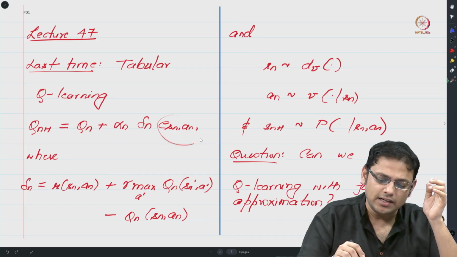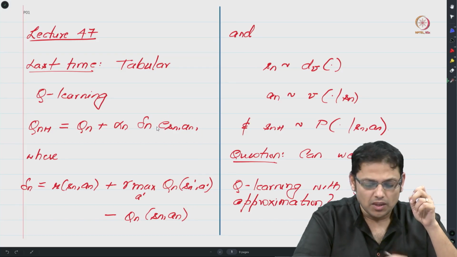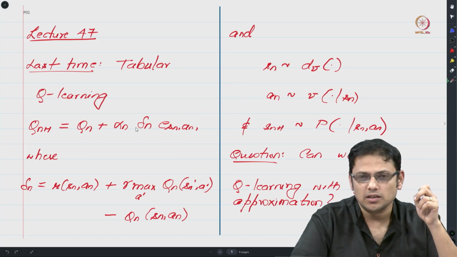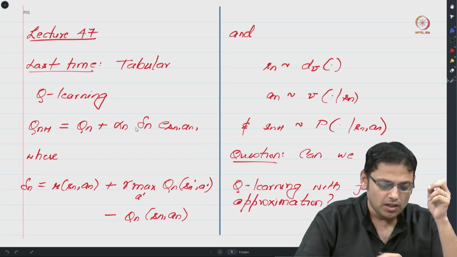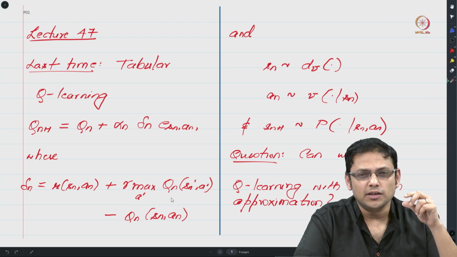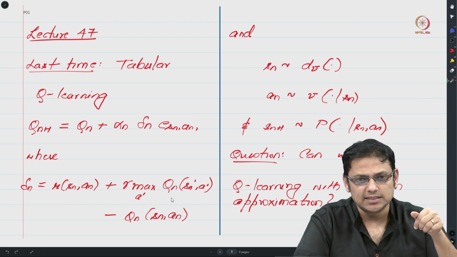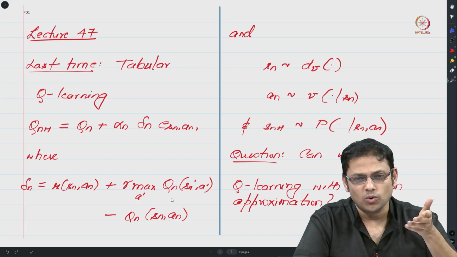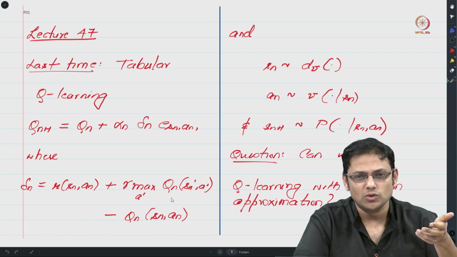So using that we can define this E Sn an vector, and delta n is a scalar which is known as the TD error, right. And the TD error basically looks at the difference between a new estimate of Q star SA and the previous estimate of Q star SA.